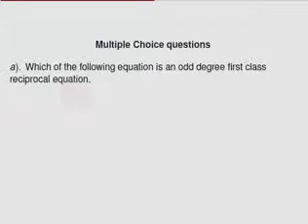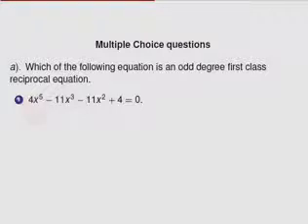Similarly, we can observe the first choice of this equation, that is 4x to the power of 5 minus 11 into x cube minus 11 into x square plus 4 is equal to 0. When I compare a naught and a n, we can also observe that the power of x is odd degree, and the signs are positive.